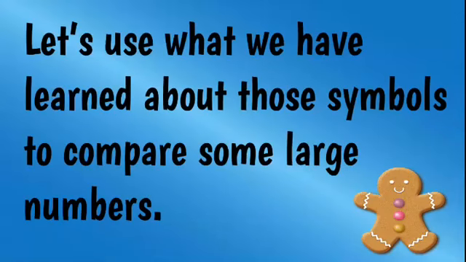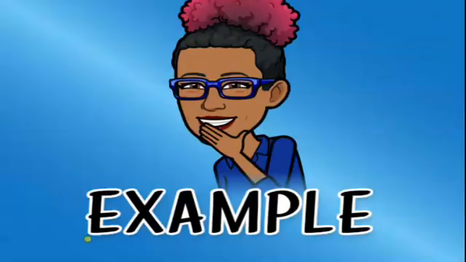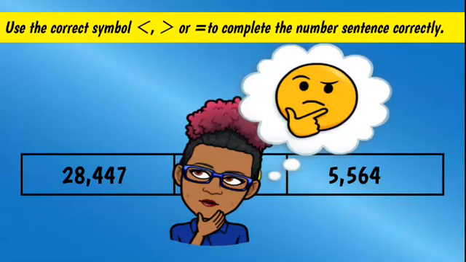Now let's use what we have learned about those symbols to compare some large numbers. With large numbers, we begin by comparing individual digits in each number, starting from left to right. So first example.